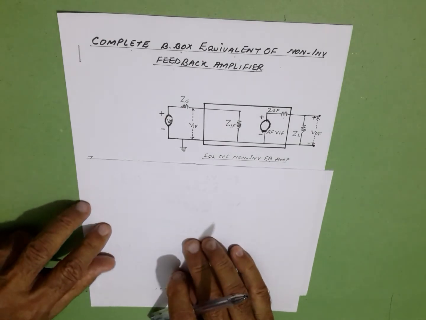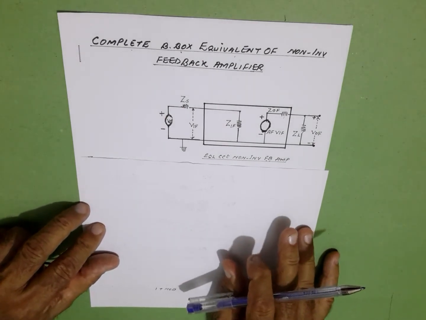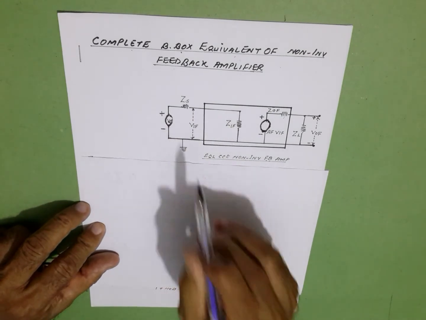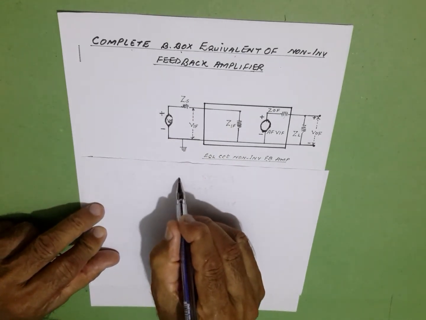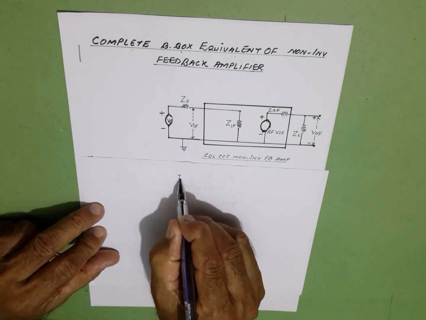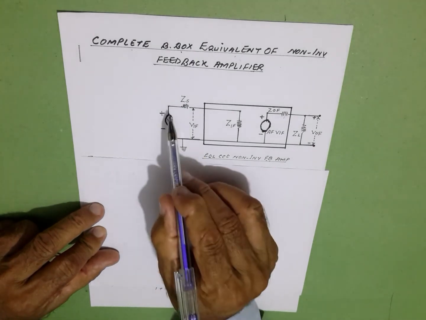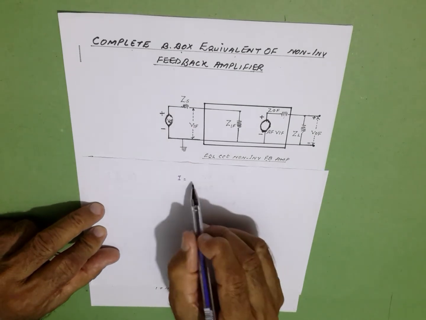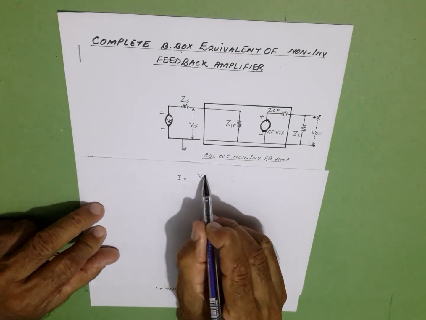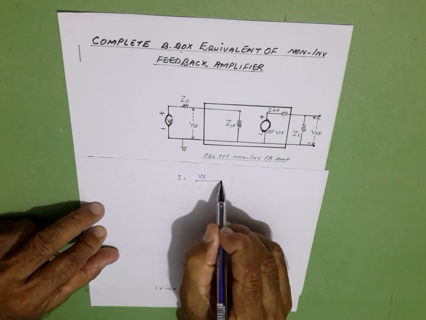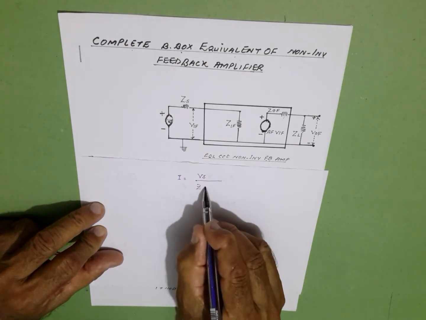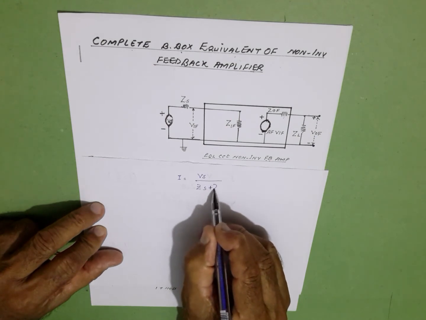Now we want to find out VIF, which is across ZIF. We first have to know the current. I is the current flowing in the circuit. We know this is the source voltage Vs, and the current is flowing through Zs and ZIF.